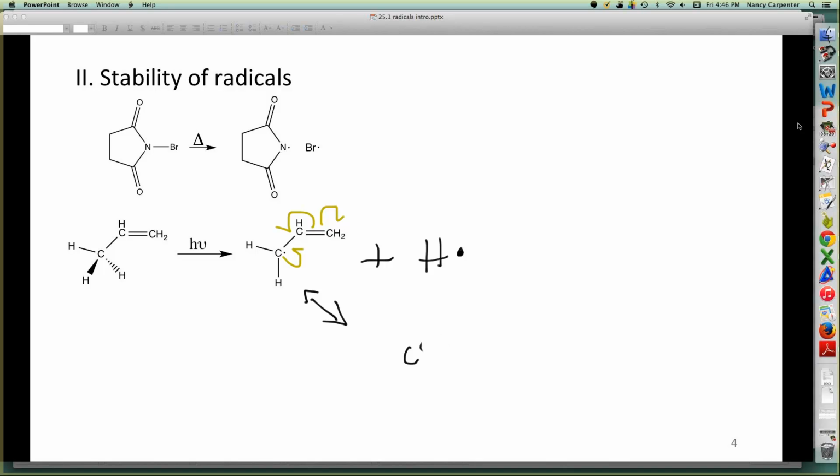Try that again. There we go. We end up delocalizing the radical onto two carbons, not just one. So both this carbon and this carbon share that unpaired electron when you look at the resonance hybrid.